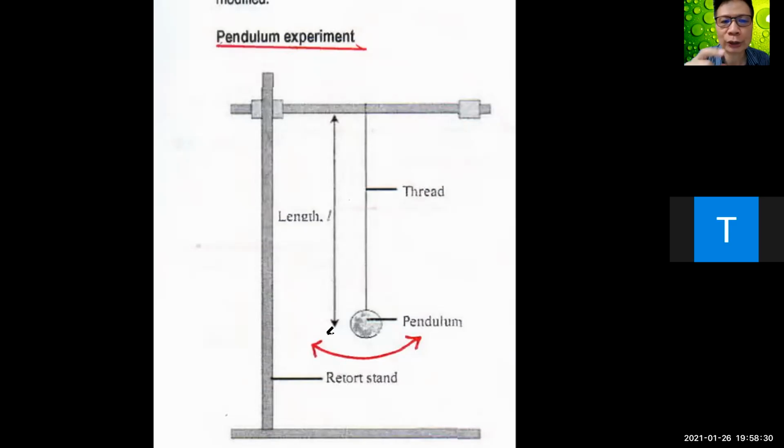What happens when the thread is long? Tiam Sun, in your opinion, when the thread is short, what happens? When the thread is short, the oscillation decreases. When the thread is long, the oscillation increases.